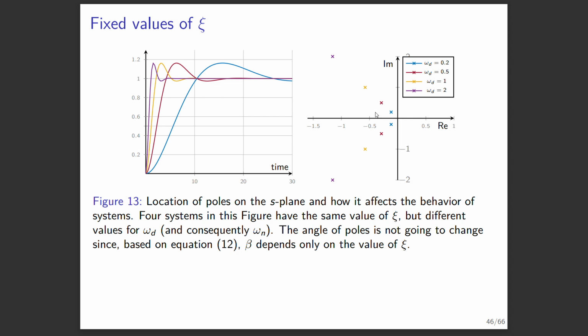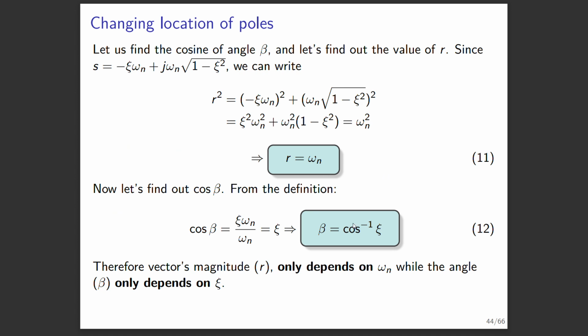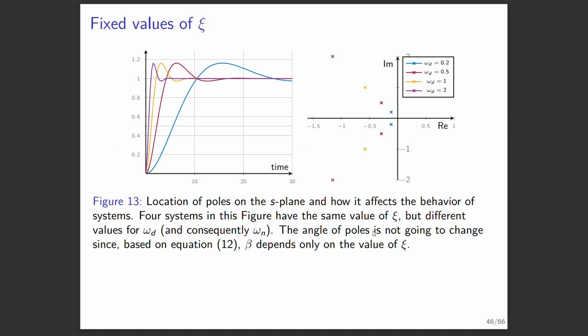Obviously, they're going to have the same angle beta, and remember, angle beta was what? The cosine of it is c. So although these systems are different, their response is different, it seems that their damping ratio is the same because the cosine of this angle is going to be the same.